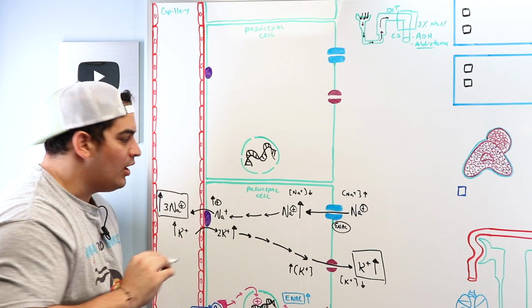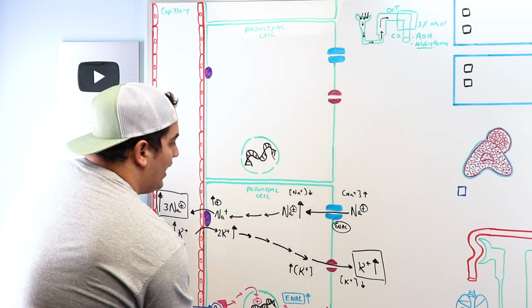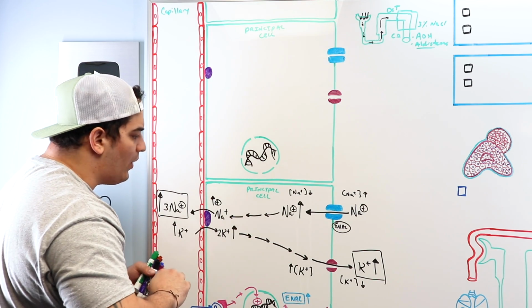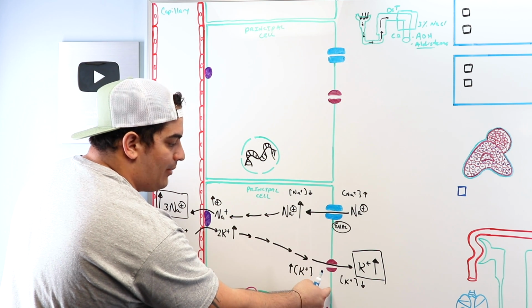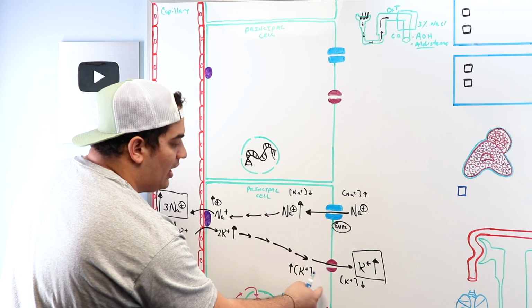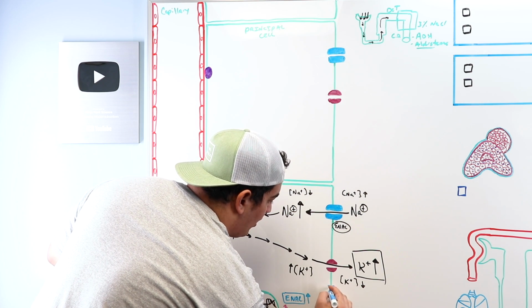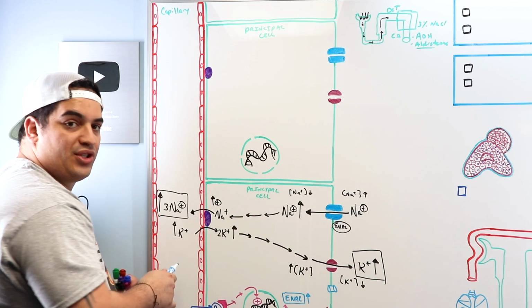Another beautiful thing here that you have to remember is that we assume that ADH is present within these cells, right? And so what that means is that there's going to be aquaporins, right? Type 2 aquaporins that will actually become present. If those type 2 aquaporins are present because ADH is there, what does that mean? Well, where's the sodium moving? What's the direction of the sodium?